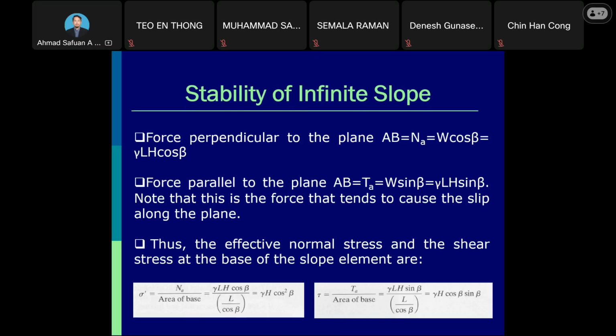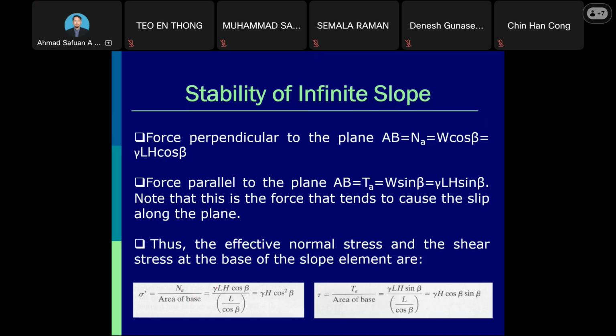So the effective normal stress and the shear stress at the base of the slope element are as follows. To make this force into a stress, we divide it by the area.